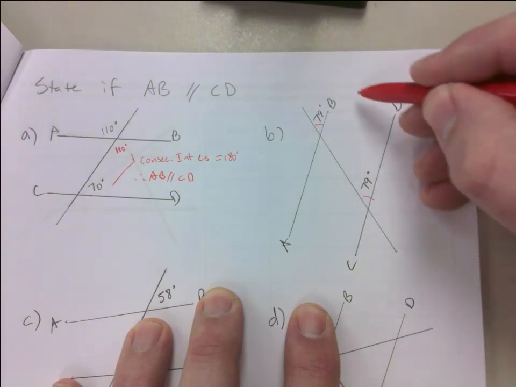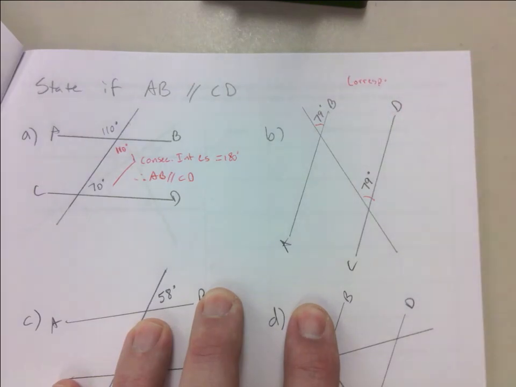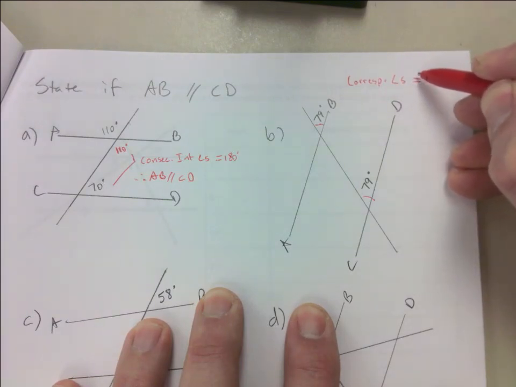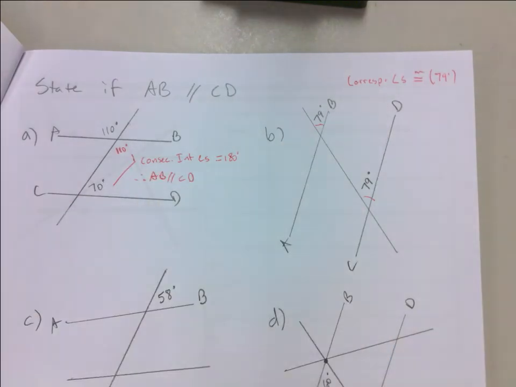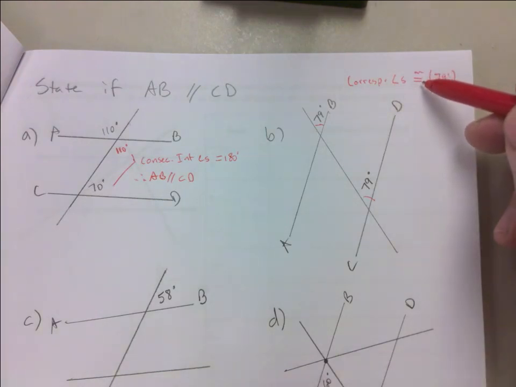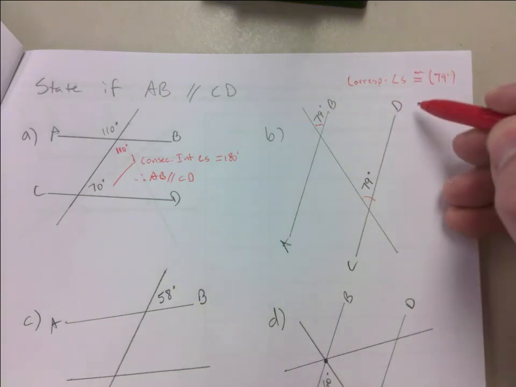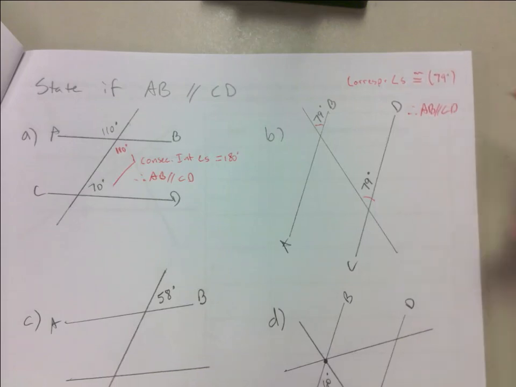So what I will do is write: corresponding angles are congruent. And I will, in brackets, tell everybody we're talking about the angles that measure 79 degrees. Therefore, we have a name, and we see that they're congruent. We have a name, and we see that they're the same. Therefore, AB is indeed parallel to CD.